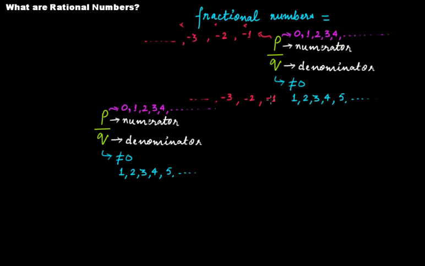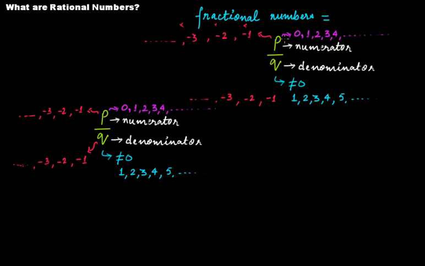Okay, but if I include -1, -2, -3, and so on, that is, these initial things are the same, but if I say that yes, in the numerator you can have a negative integer, you can have -1 or -2 or -3 or -4, and also in the denominator, you can have -1, -2, -3 or any other negative integer.